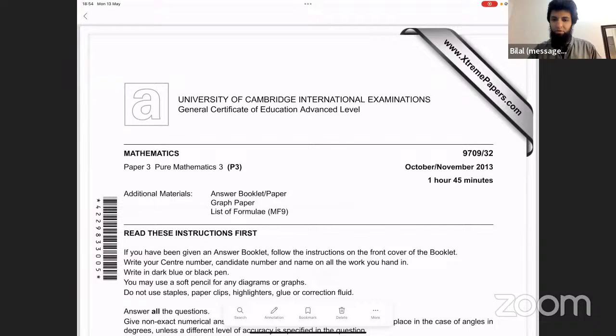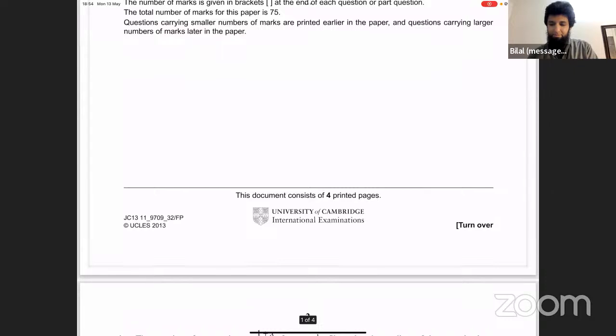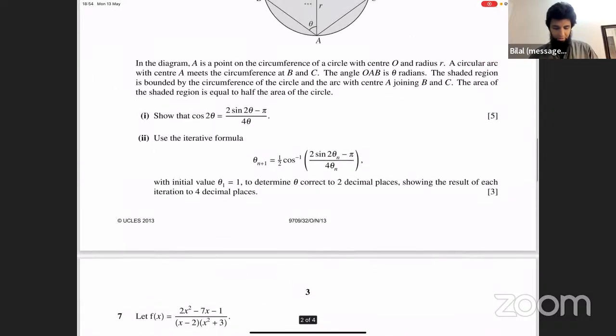Okay, which question from that? Which question from this paper? Walaikum assalam. Okay, the iteration one. Okay, I missed that part.